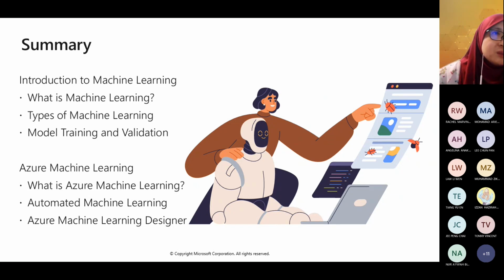And then for model training as well as validation, after you have collected all the data, kan, you have to design your model, then you need to validate. So model training and validation are actually very important steps in machine learning. Itu yang kita panggil pipeline tadi.